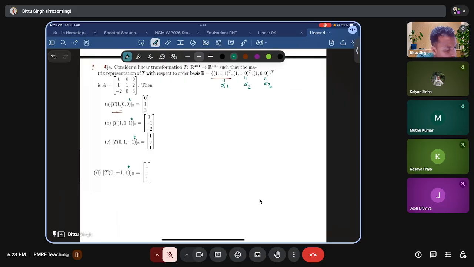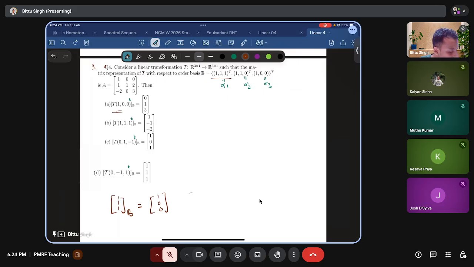Note that the coordinate of 1 1 1 with respect to the basis B is 1 0 0, because this is the first entry in the ordered basis.